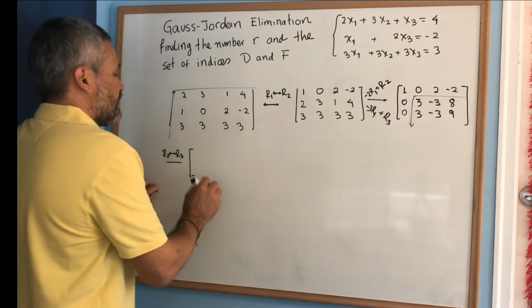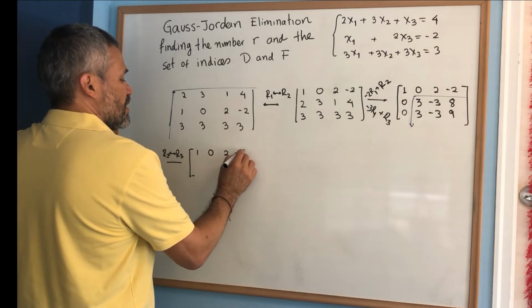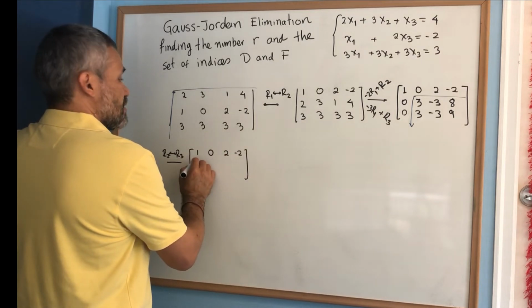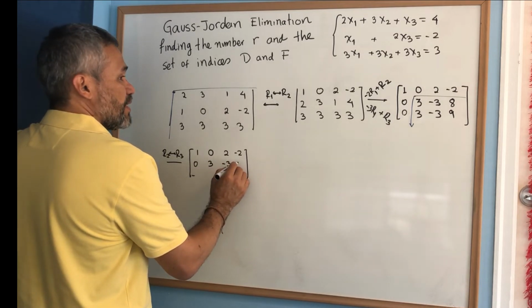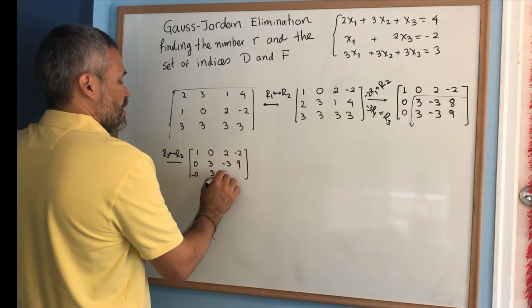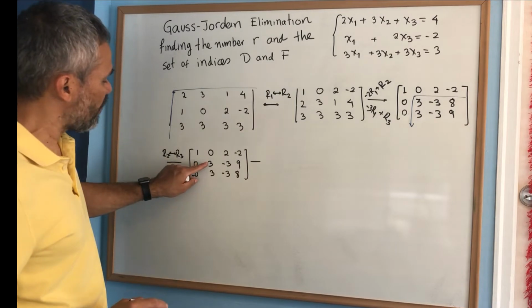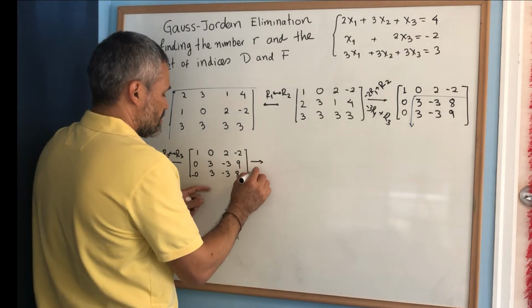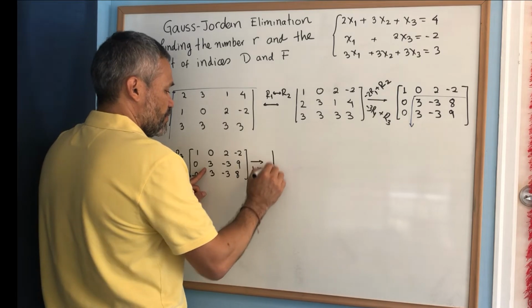And then I will get 1, 0, 2, negative 2, 0, 3, negative 3, 9, 0, 3, negative 3, 8. And then the goal was to make a 1 here, and then I will just change row 2 by 1/3 of row 2.